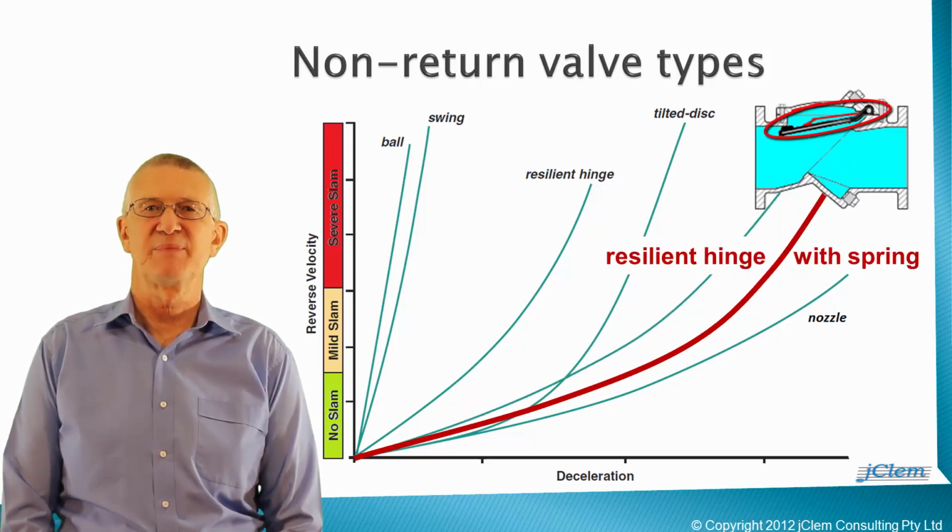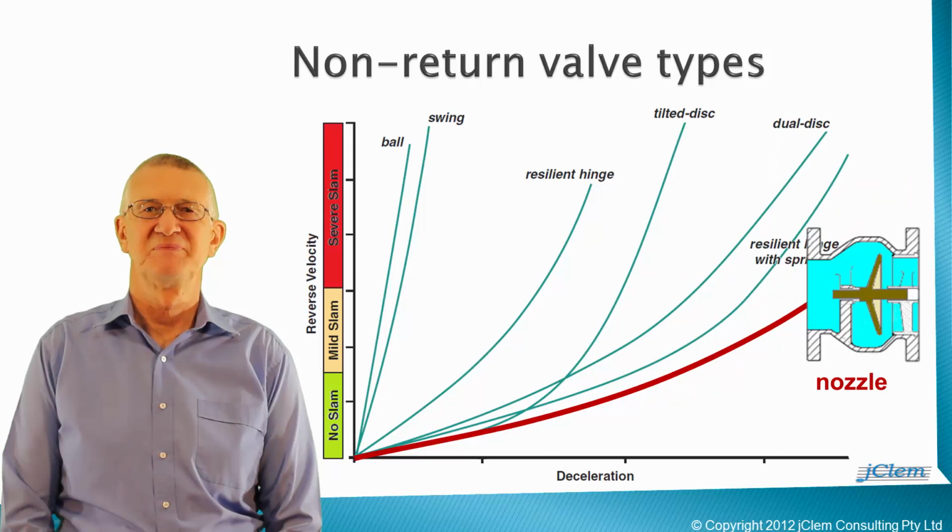Add a spring at the back of a resilient hinge valve's gate and you further improve their dynamic characteristics. The final format is the nozzle check valve. The concept is a gate or nose that sits at the front of a torpedo-like spring enclosure. In the diagram, the torpedo-shaped enclosure is not shown, neither is the rounded nose shape. The gate moves over a short stroke, has low moving mass, and various spring strengths can be installed behind the gate.